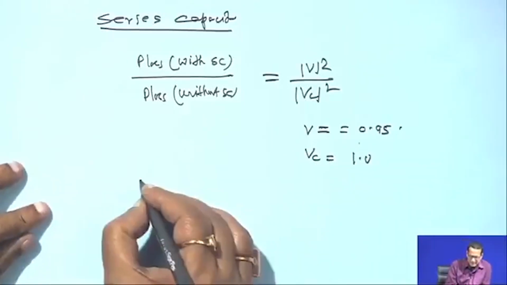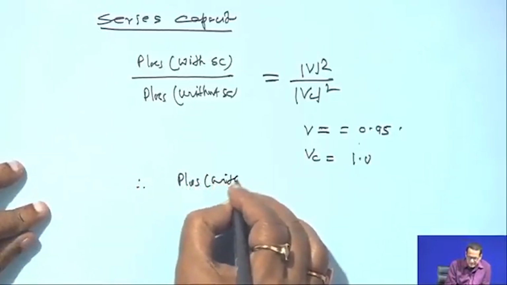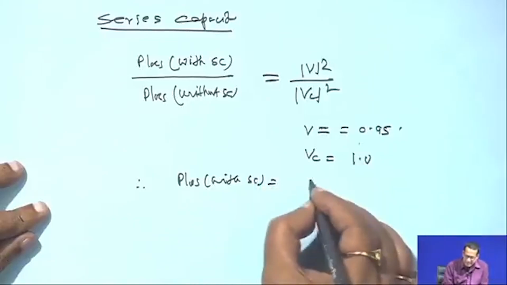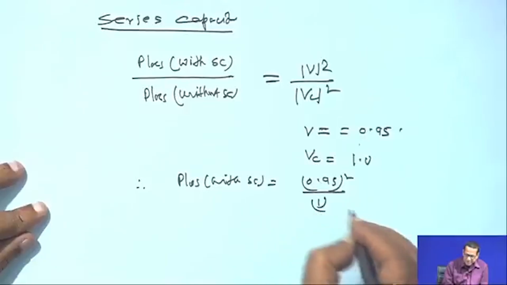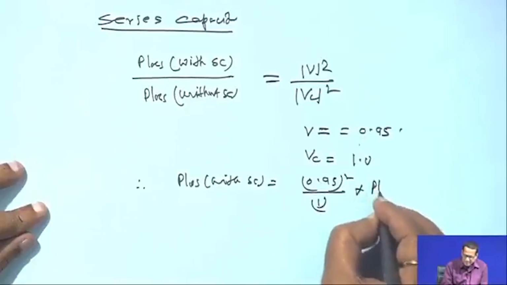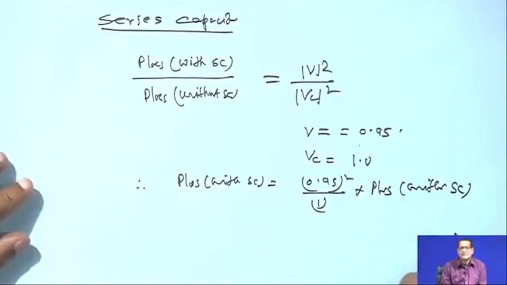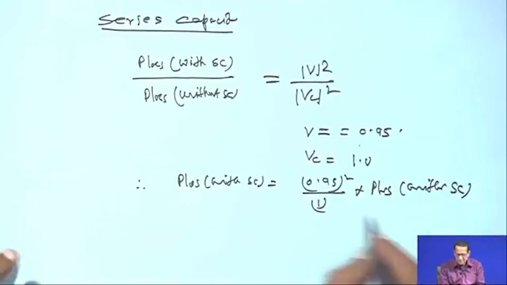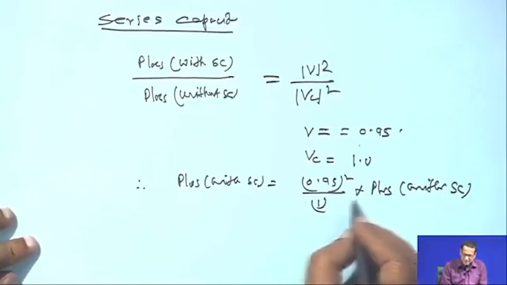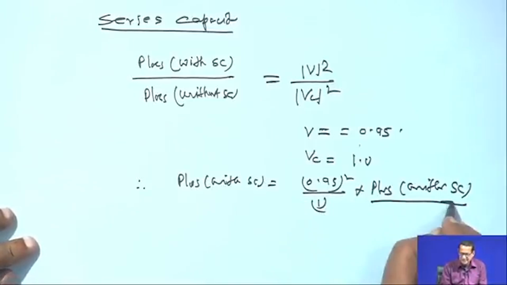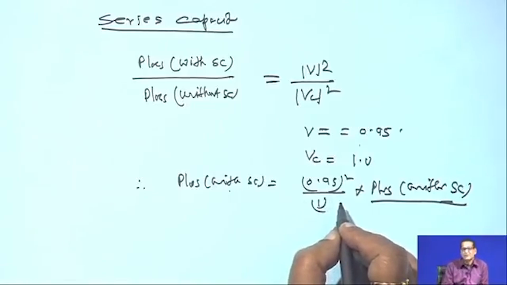That means P loss with the series capacitor will be 0.95 square, since the voltage has improved because of the capacitor, into 1 into the P loss without the series capacitor, because it is inversely proportional. So, naturally 0.95 square, whatever will come, right. That much is the loss without the series capacitor, and with the series capacitor it is 0.95 square, whatever it will come.